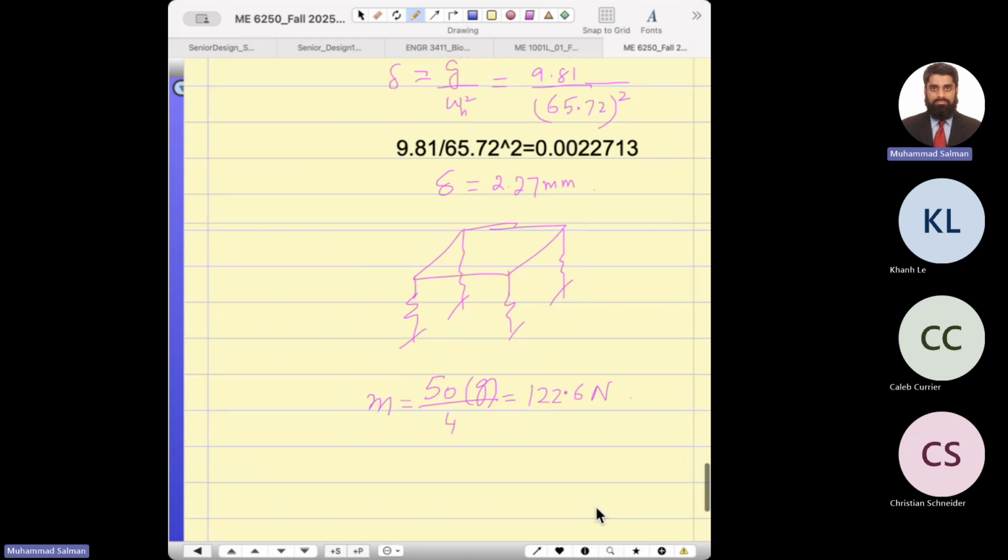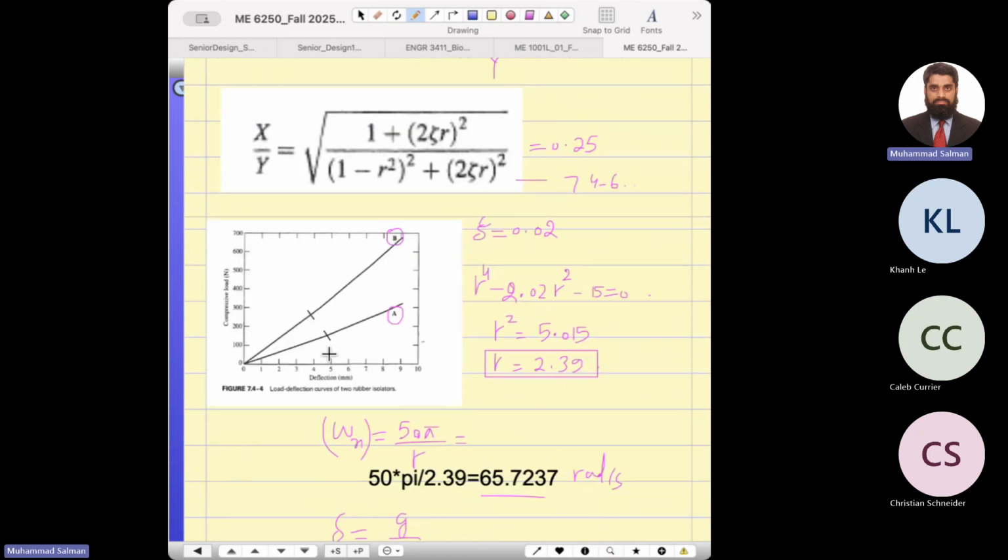So graph A shows that the isolator deflected at a load of 122.6, about this much, approximately 4.5 millimeter deflection. The safe static load for the isolator, however, is 150 newtons.